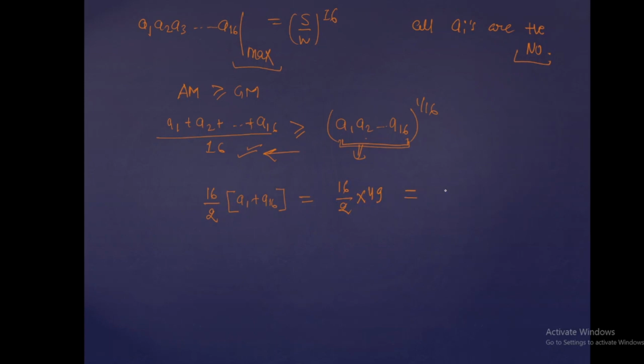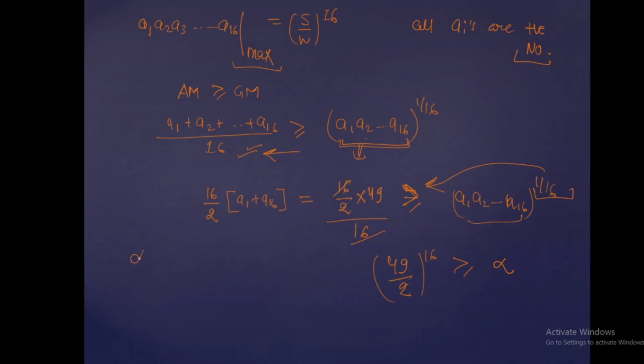This thing divided by 16 is greater than or equal to the 16th root of A1, A2, up to A16. Taking this power on the RHS side first and cancelling this, we have 49 by 2 raised to 16 greater than this term, say this is alpha.